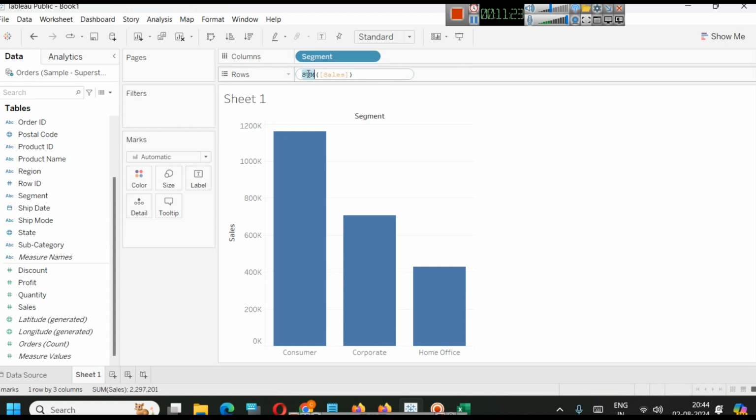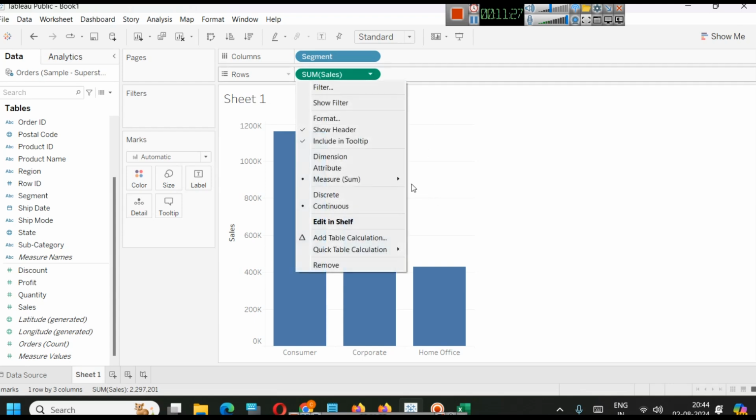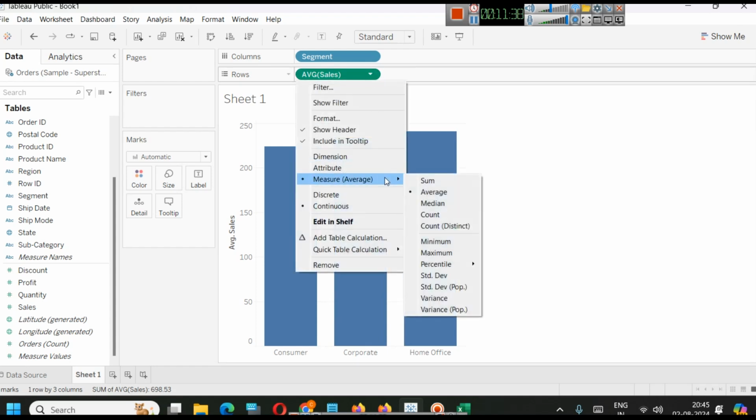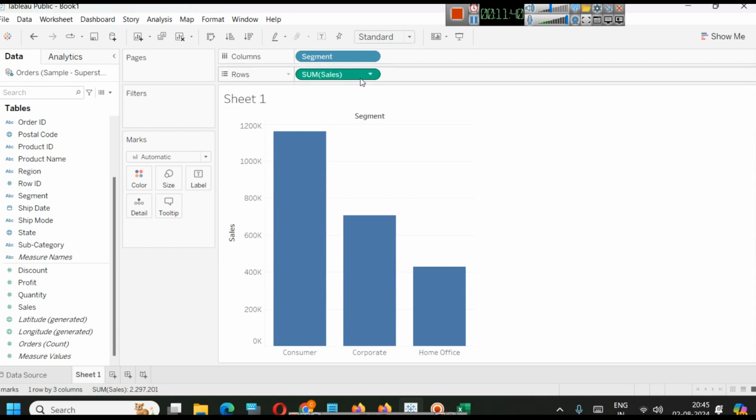We can use other aggregations also. It is currently sum, but we can take average. You can see average sales amount is more in home office, but sum of sales amount is more in the consumer segment. Why is this? Because consumers are more than offices, so collectively consumers will order more items.